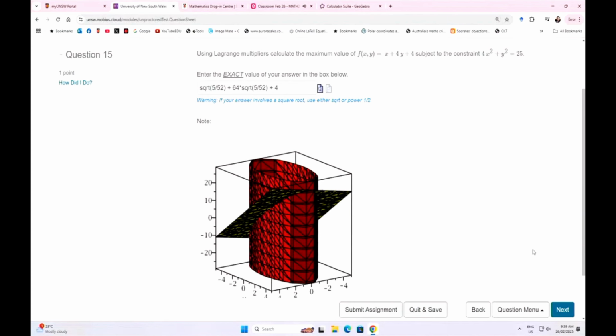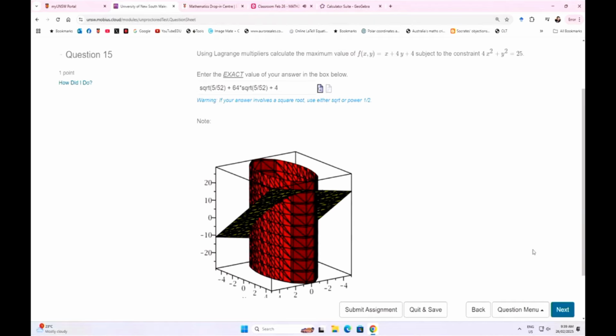We want the maximum value of this linear function, x plus 4y plus 4, and you've got another constraint. The constraint is like the red surface, and the plane is the function you want to maximize. Okay?